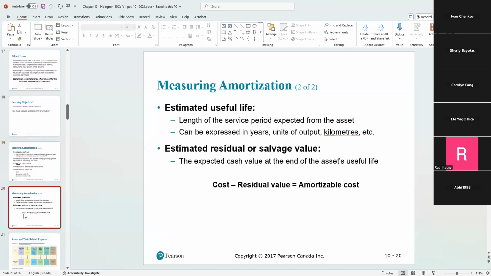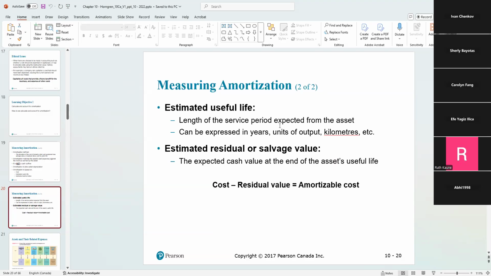So let's keep going. In order to calculate the amortization, we need two things. First thing, we already said, it's the cost. Cost, we're going to calculate using the previous approach. Second, we have to estimate, not calculate, the useful life. That will be the length of the service period that we expect to use the asset.